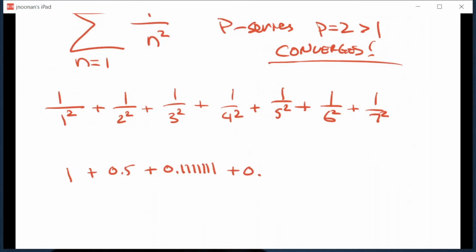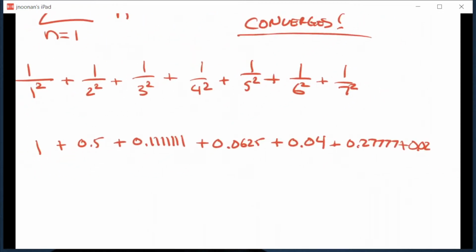Plus 0.04, I know what 1 over 25 is. 1 over 36 is 0.02777, etc. And then 1 over 49, which is 0.02 something. We're going to leave it at 0.02.